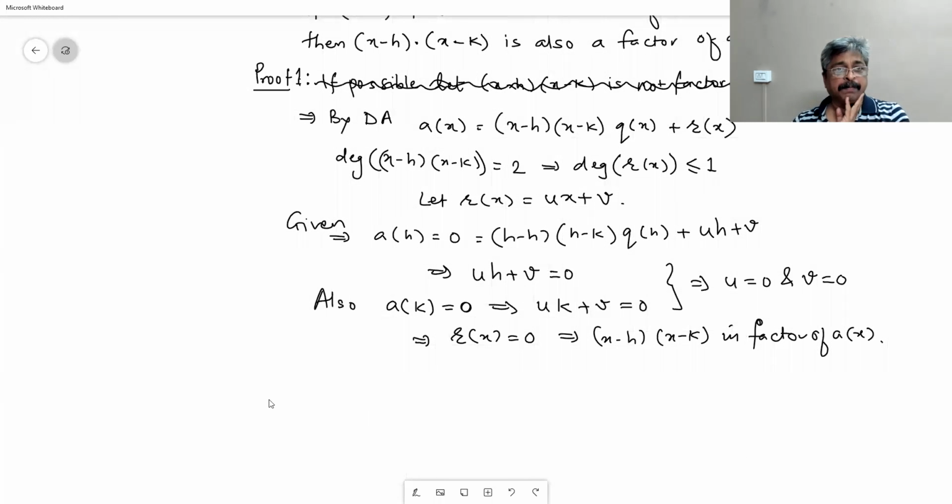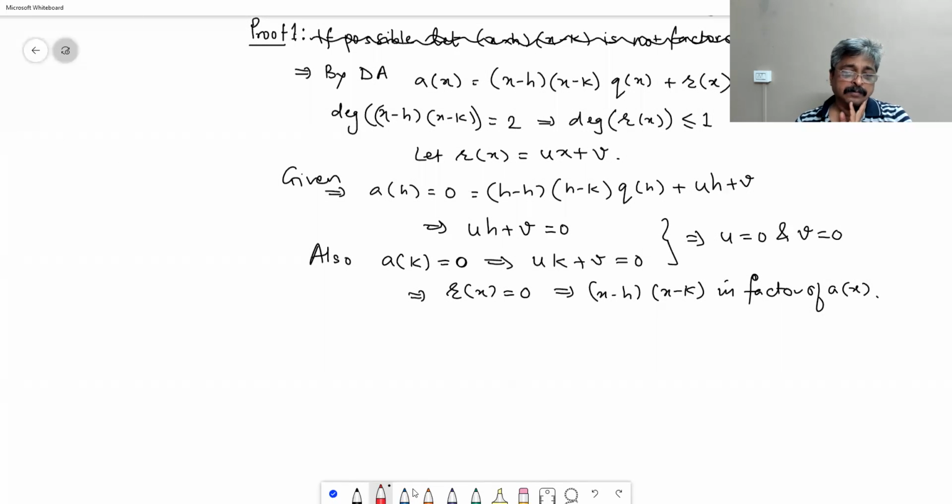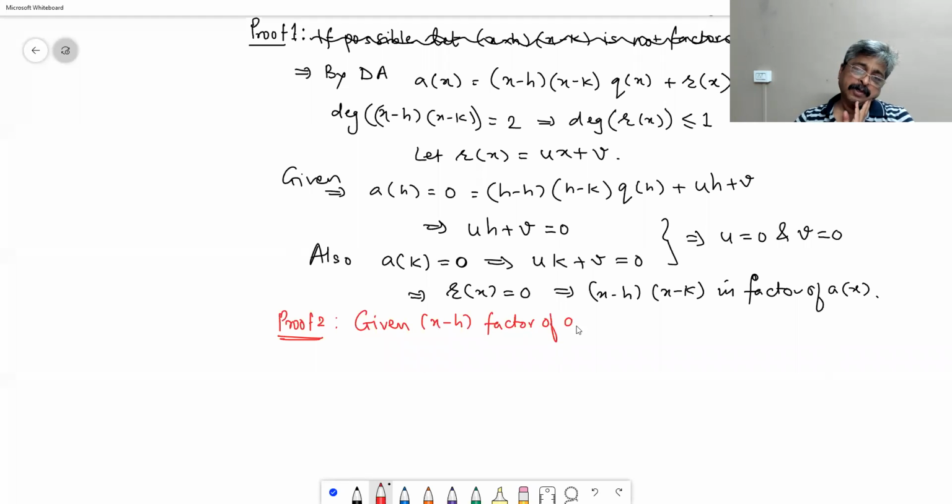by factor theorem. Given x minus h is a factor of a(x) implies a(x) is equal to (x minus h) into q1(x).